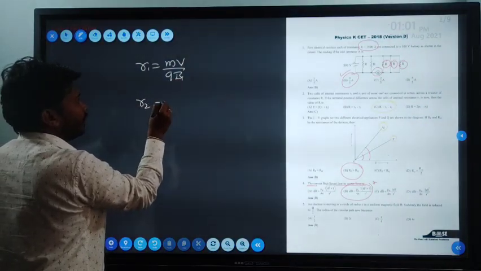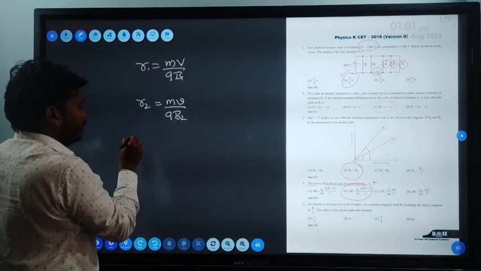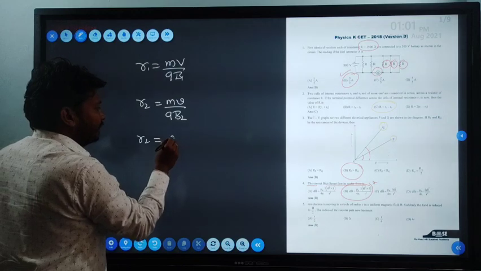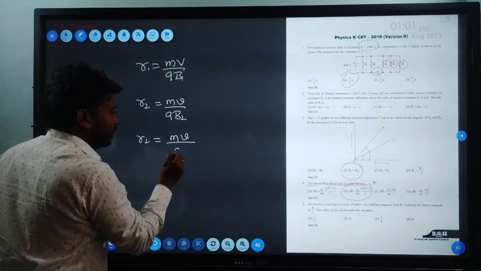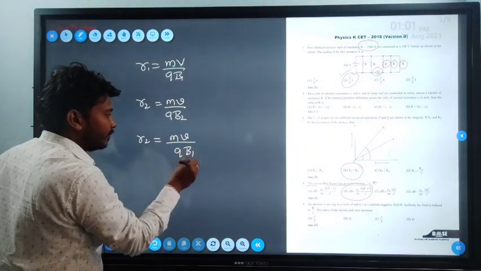R2 equals M into V divided by Q into B2, and they said that the magnetic field is reduced to half of the initial value, so B2 equals B1 by 2.